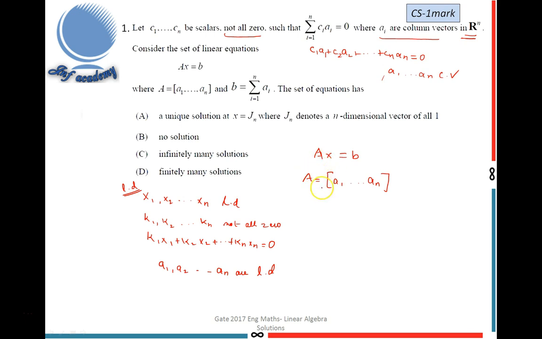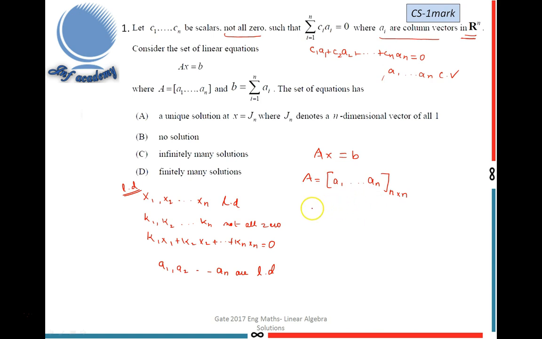So, in this system, the coefficient matrix is an n by n matrix because Ai are column vectors in R power n. So, it has n rows and it has n columns also. Finally, I say A is a matrix of order n by n.